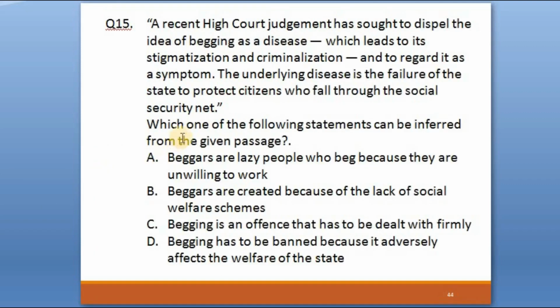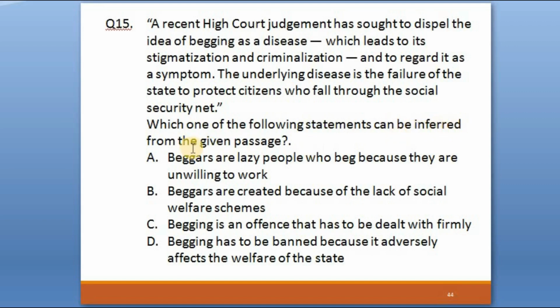A recent High Court judgment has sought to dispel the idea of begging as a disease, which leads to its stigmatization and criminalization, and to regard it as a symptom. The underlying disease is the failure of the state to protect citizens who fall through the social security net. Which one of the following statements can be inferred from the given passage?